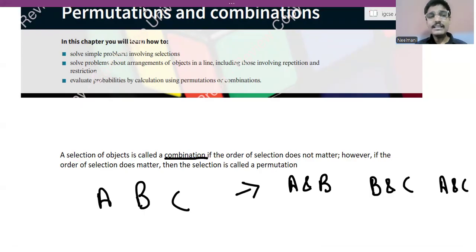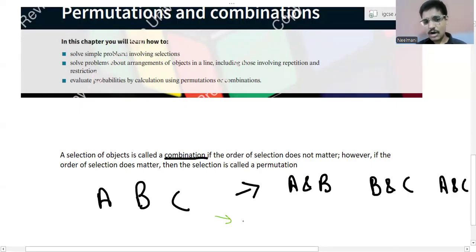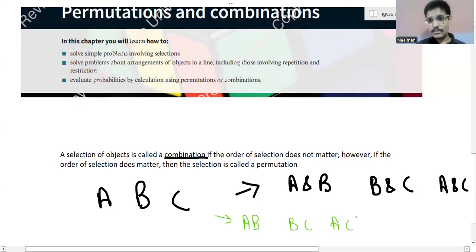But when the order also matters, let's say in this same thing I want to know in how many orders I can arrange this. It can be AB, BC, AC, these are the three basic combinations.